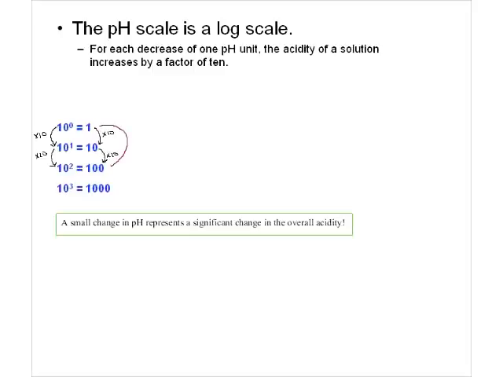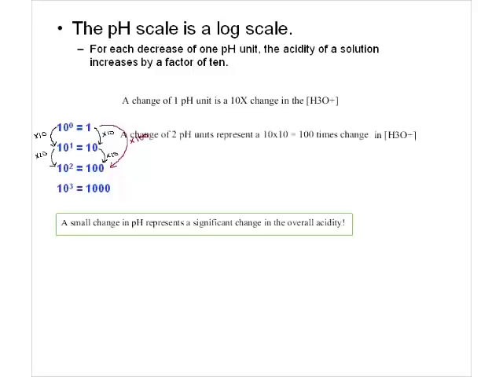If I skipped to 3, if I went from 0 to 3, that would be 10 times 10 is 100, times 10 is 1,000. So every time we go up by 1 pH unit, it represents a 10 times change in the hydronium ion concentration.